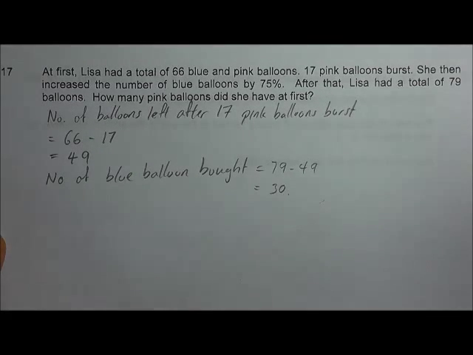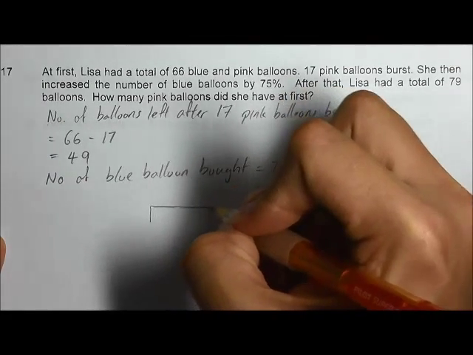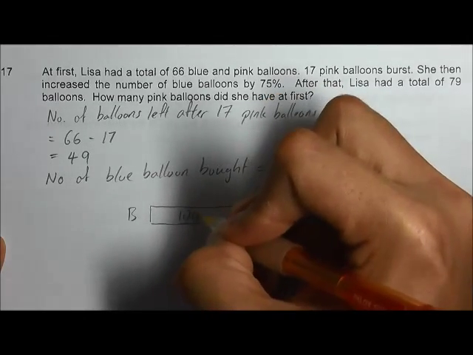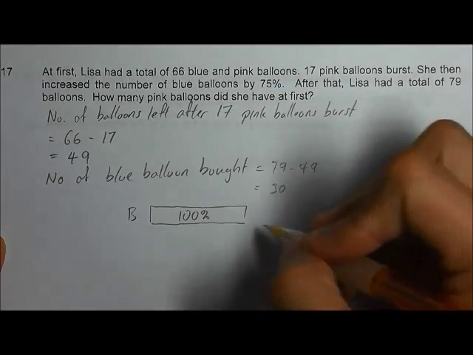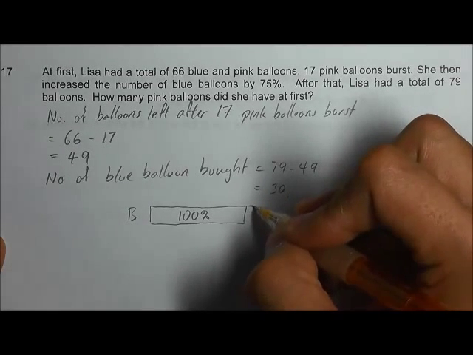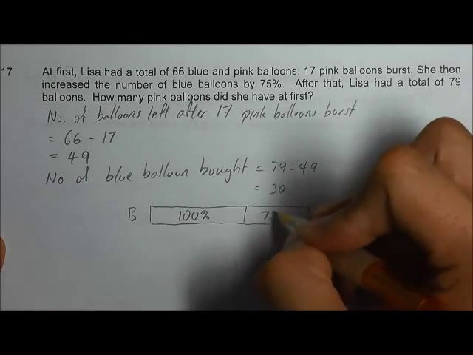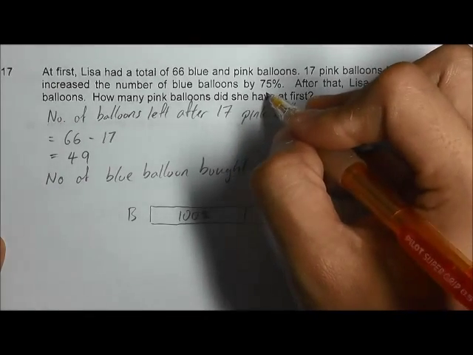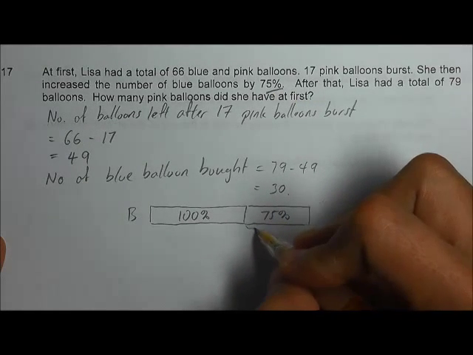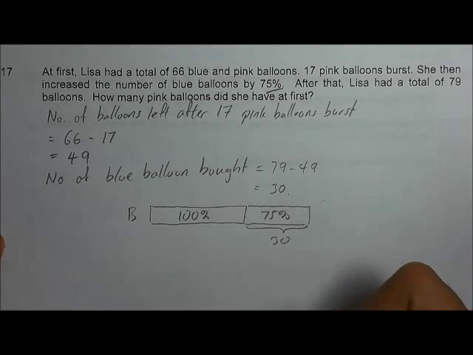Okay, so now if we just look at the blue balloons, initially she had 100% of the blue balloons and no blue balloon burst, and she bought another 75%, which is indicated here, and this 75% is equivalent to 30 blue balloons.